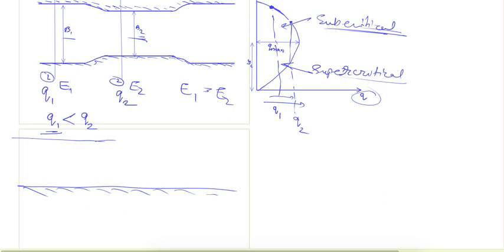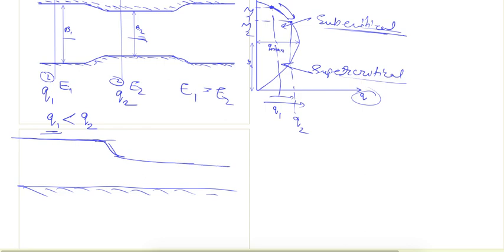So it is associated with a decrease in depth. Here depth is y1, and here the depth is y2. Here we can show it like this is the depth y1, and as it is coming to the throat section, this depth is decreasing here.